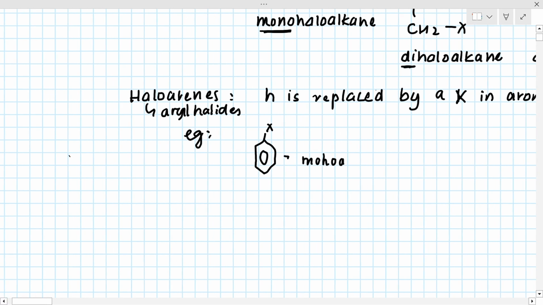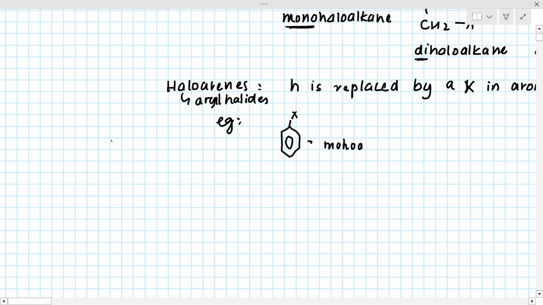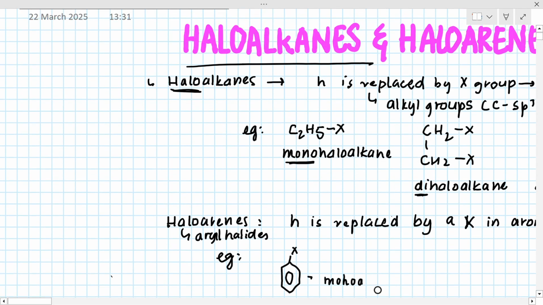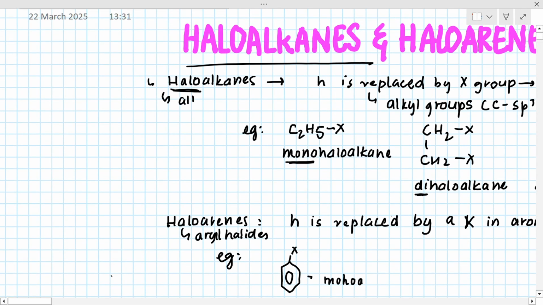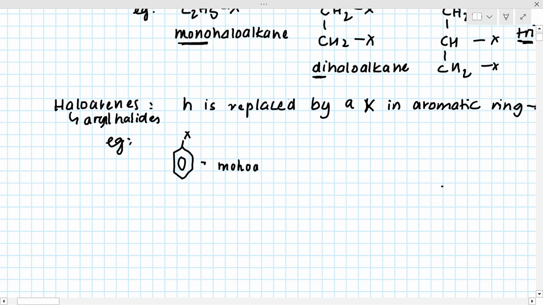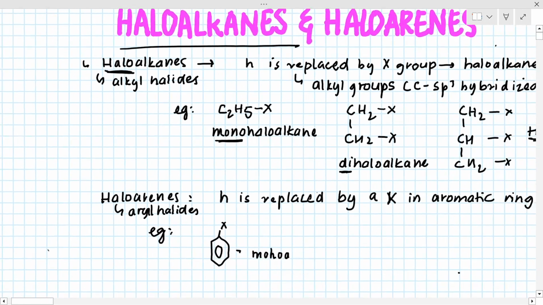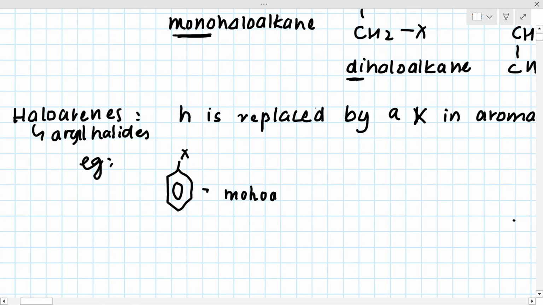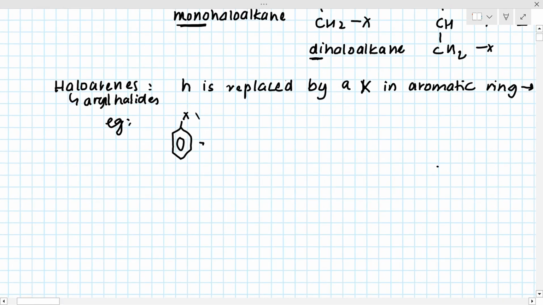And monohaloalkanes, or haloalkanes in simple terms, are called alkyl halides. So next time when we are using terms like aryl halides and alkyl halides, you should not get confused. I'm just specifying it at the very beginning. Here we have one example, this is nothing but monohaloarene.